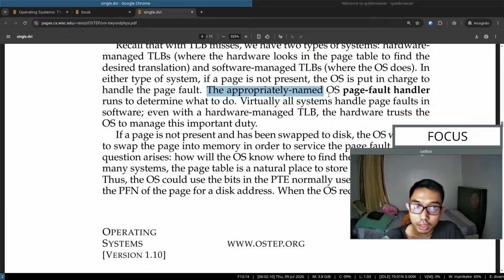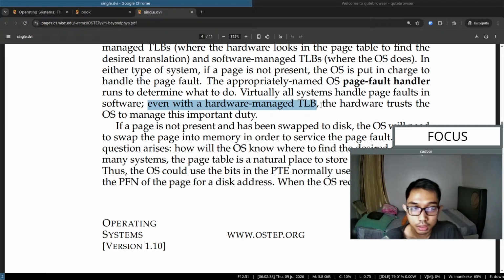The appropriately named operating system page fault handler runs to determine what to do. Virtually all systems handle page faults in software. Even with a hardware managed TLB, the hardware trusts the operating system to manage this important duty.